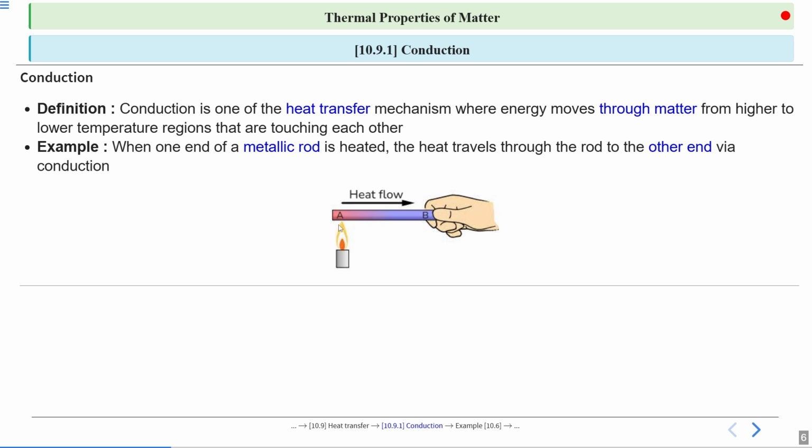There is a transfer of heat from A point to B point, and this phenomenon is known as conduction. The important point is this: there is only movement of energy. There is no movement of matter from A point to B point.